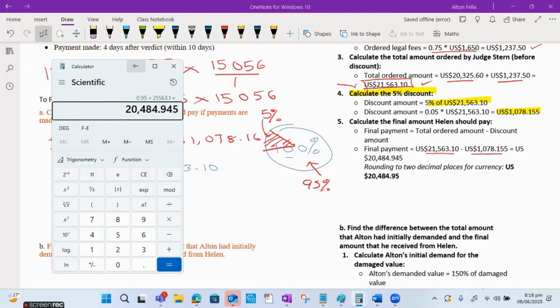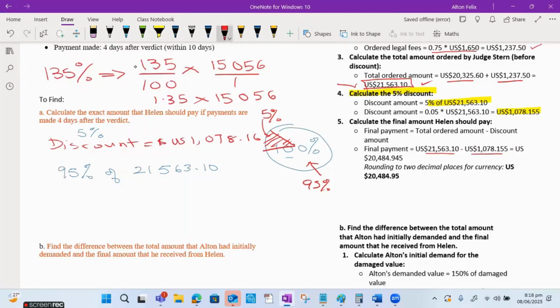So I will concur and say that Jerry's final answer is what we can probably use as the official amount that Helen has to pay.